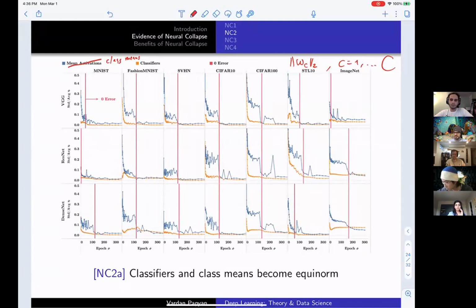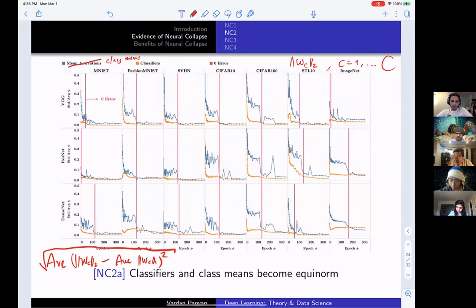Maybe I can write very explicitly what's meant by standard deviation over the average. The standard deviation is the average of the L2 norms minus the average of the L2 norms, squared, with a square root.